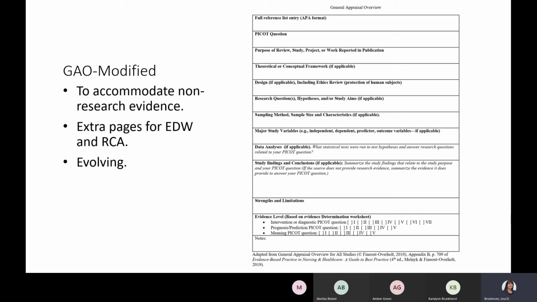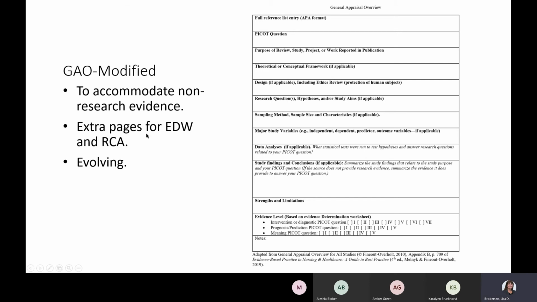Even though they say there are some sources of non-research evidence that can still be used to answer a PICO question, all the tools and forms seem to be oriented towards research evidence. So this form has been modified slightly to accommodate information that you might get from an expert opinion piece or a non-research literature review that you might locate to include in your body of evidence to answer your PICO question.